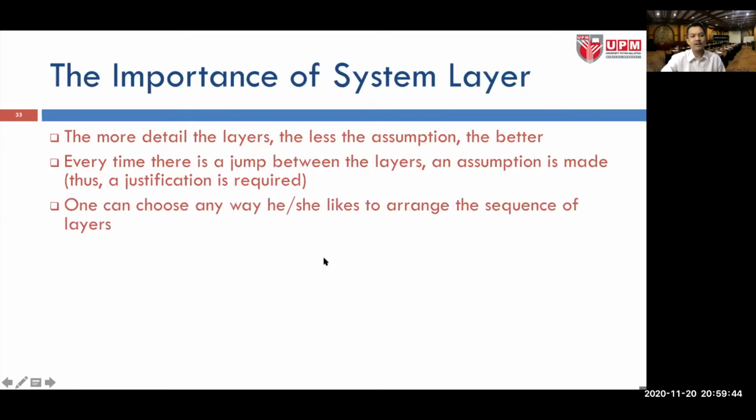And what else? One can choose any way he or she likes to arrange the sequence of the layers. So it depends on how you want to tell the story. For example, you want to tell about the type of car first before you go for the system of the car.